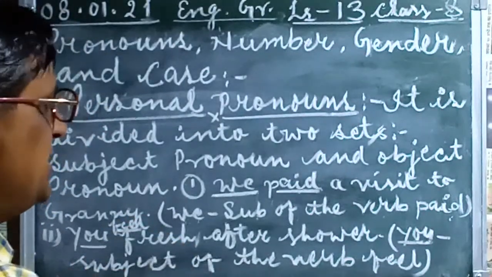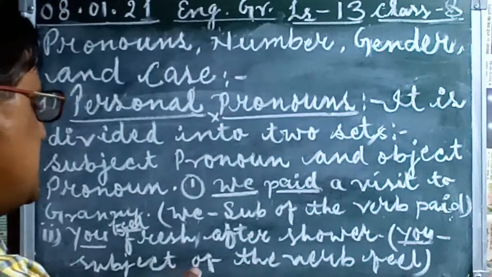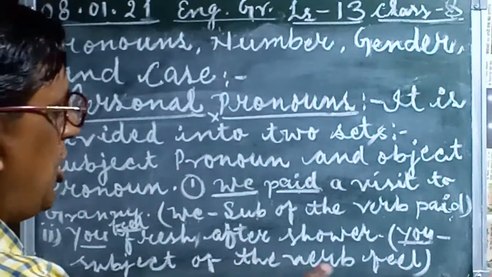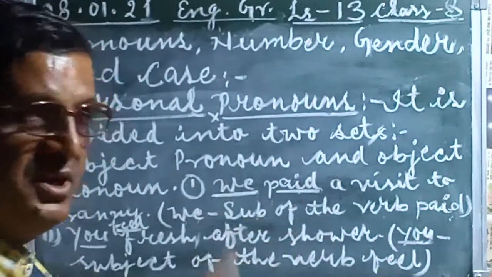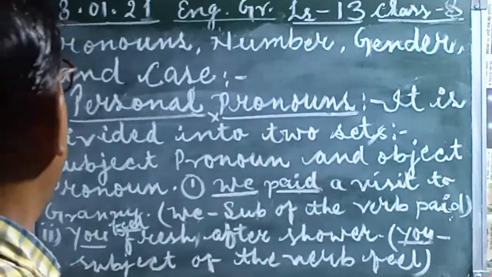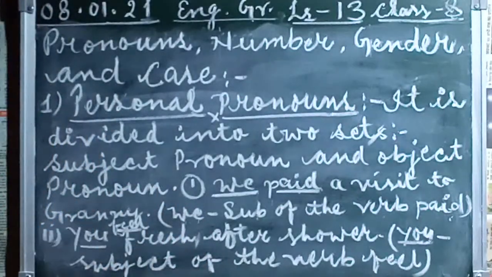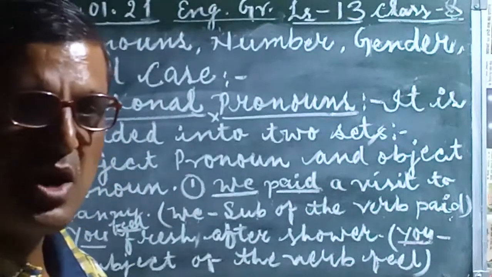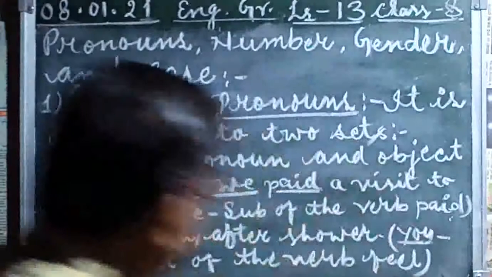So we can say that you is used as the subject of the verb feel. In this way we can identify the pronouns used in a sentence, whether they are subjective or objective.